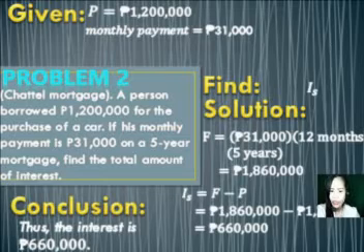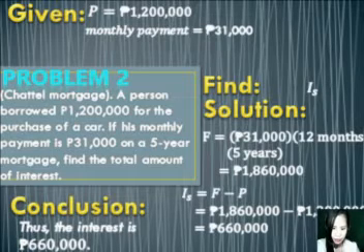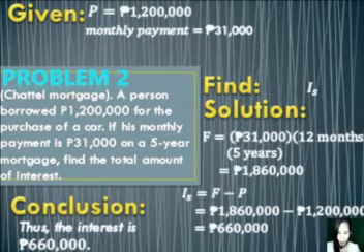Okay, let's now focus on the second problem. This is chattel mortgage. A person borrowed 1,200,000 pesos for the purchase of a car. If his monthly payment is 31,000 pesos on a 5-year mortgage, find the total amount of interest.